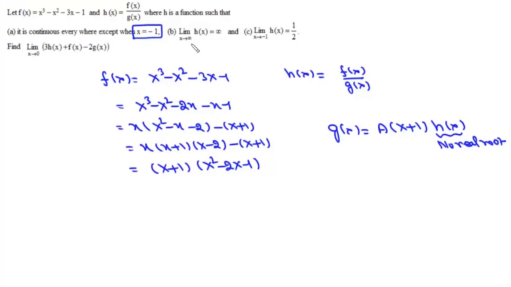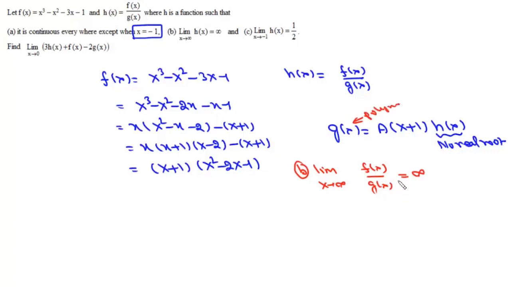Now in part B it says limit x tends to infinity, f(x) upon g(x), it is infinity. Though it is not given in the question, g(x) has to be a polynomial function for this question, so I'll assume this g(x) is a polynomial function.